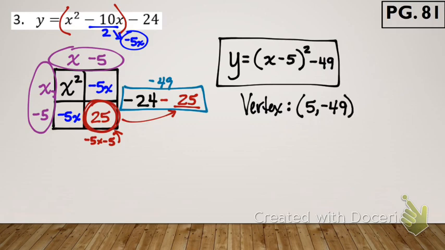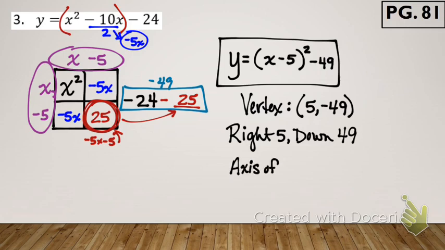How would you describe the transformation? Right 5 and down 49. What would my axis of symmetry be? X equals 5, yes.